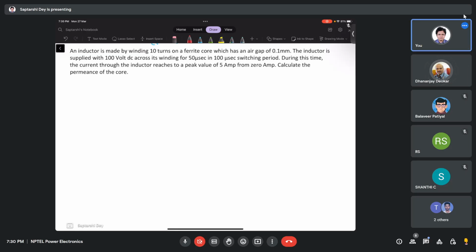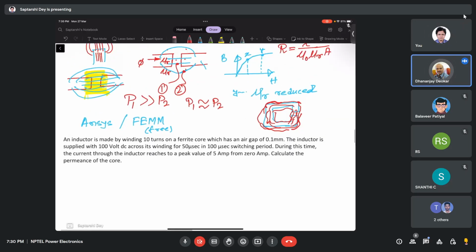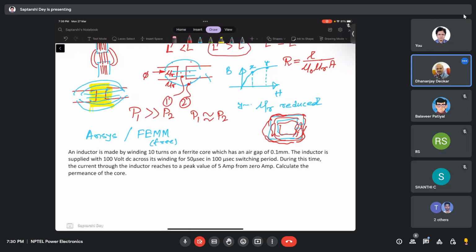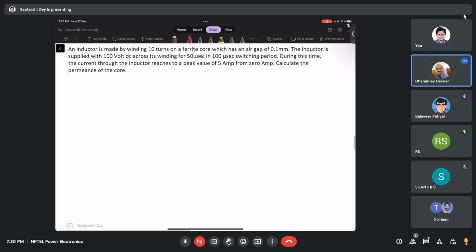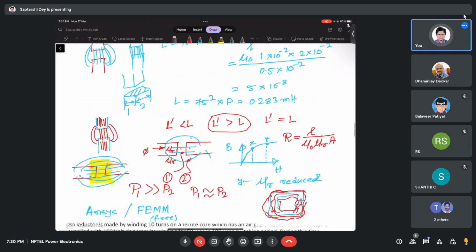Sir, I have a doubt: when we calculate the inductance with a gapped core, we are not going to take mu r at all, because a gapped core gives some mu r for a particular gap, and the value varies as the gap increases or decreases.